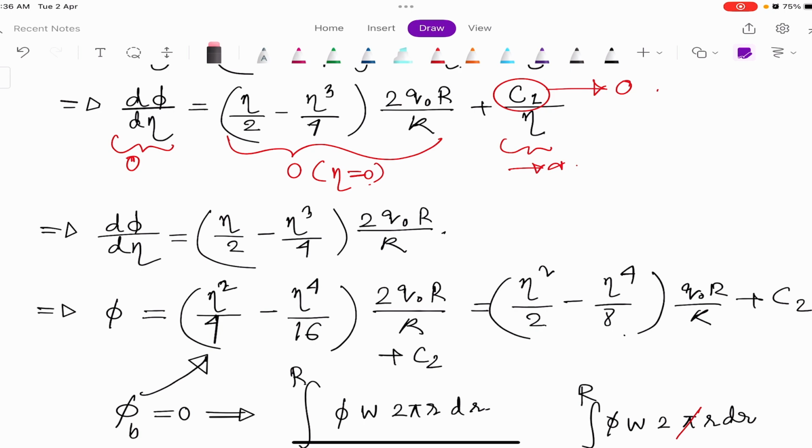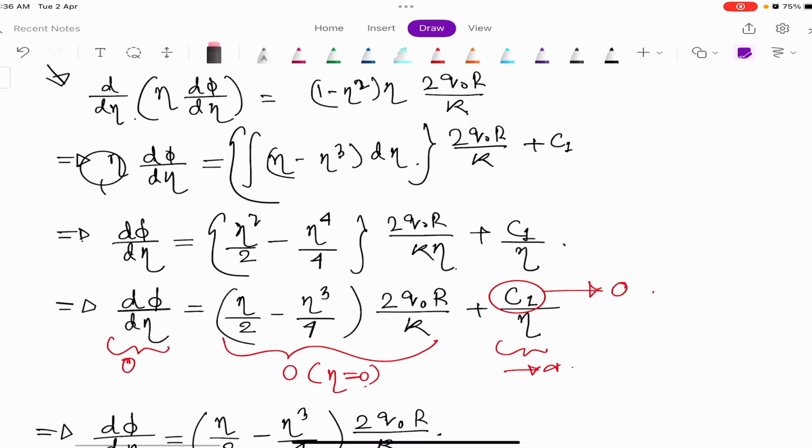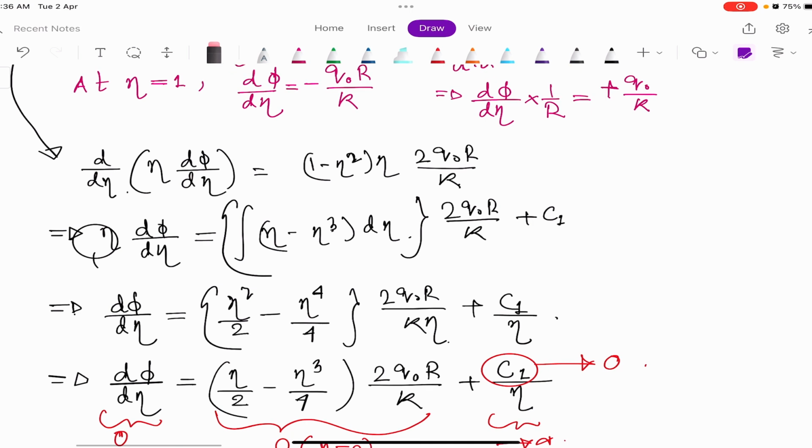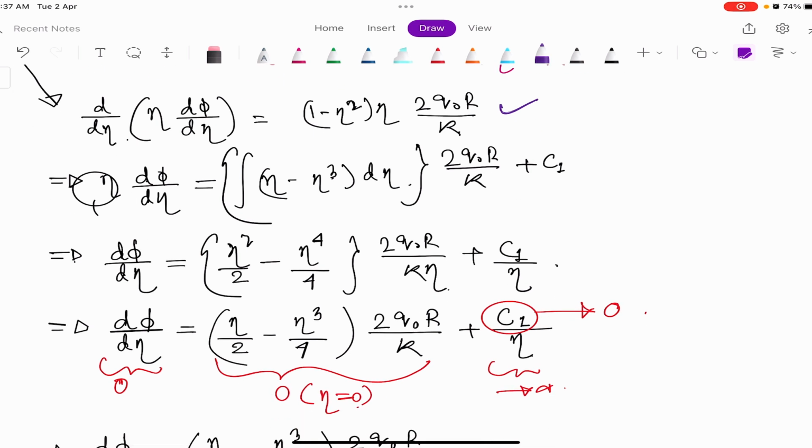There is a 2 here, that is fine. The equation is correct here, and we have eta into d phi d eta, we have to integrate this. We have done it right.